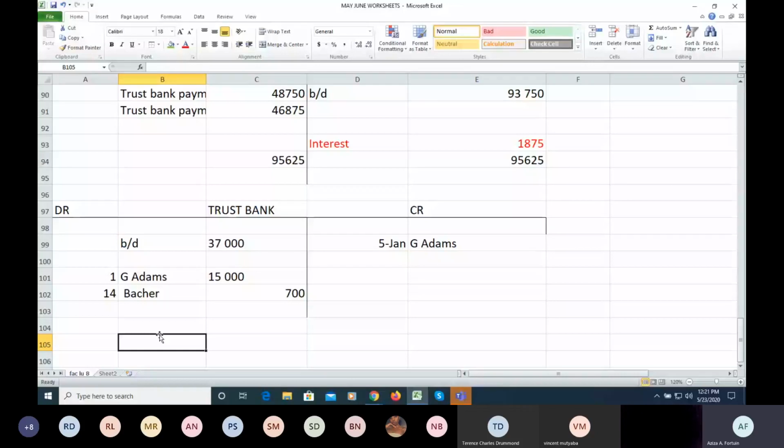Candace withdrew the investment on the 2nd of May and received 7,100. So Candace attorneys received 7,100 from G. Adams, and that's the whole thing.